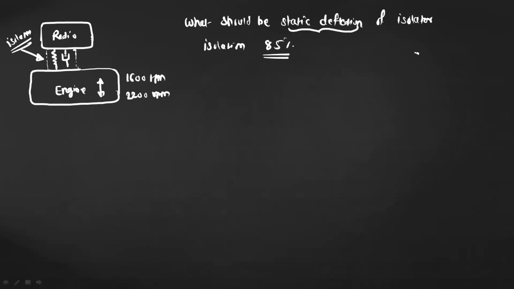Static deflection is represented as delta. If you find out the static deflection for a particular isolator or spring, that means indirectly we find out the stiffness of that spring. So in the problem, static deflection is asked and isolation is given as 85%.